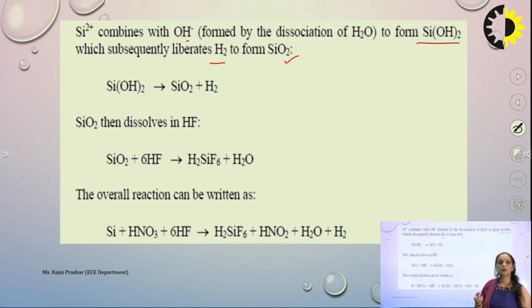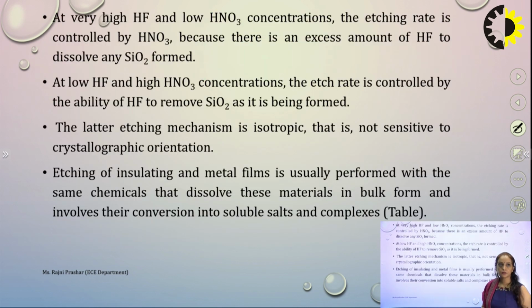Now we are going to remove this silicon dioxide. It is dissolved in hydrofluoric acid. When the silicon dioxide reacts with hydrofluoric acid, we get H2SiF6 with water molecules, and the overall reaction is written as shown.